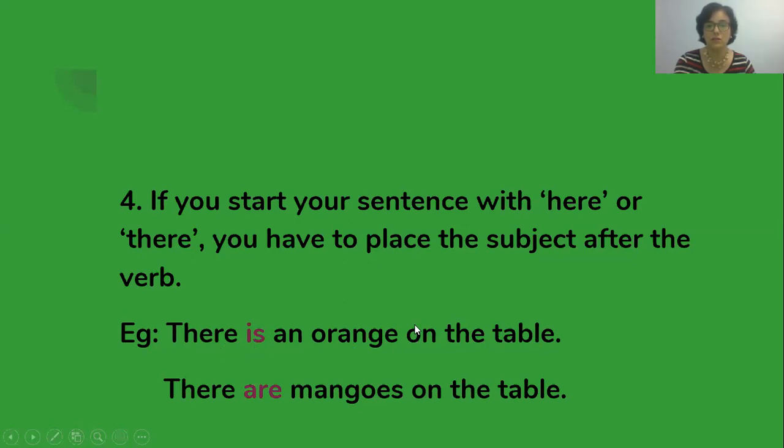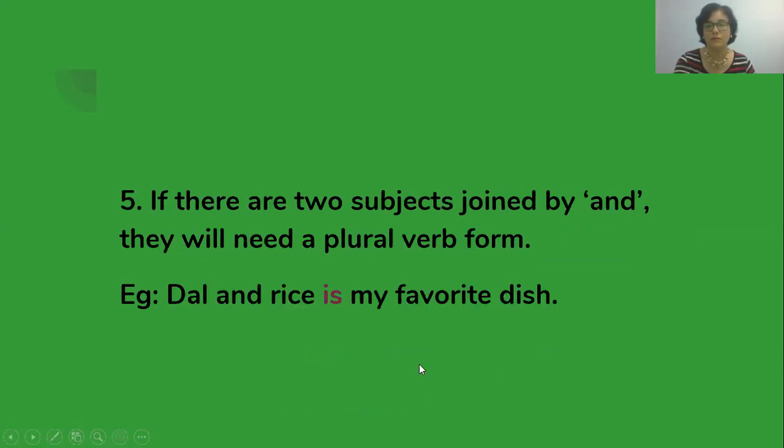And the reason we are using is because we're talking about a singular subject, an orange, one orange. And in the second case, there are mangoes on the table. The reason that we are writing are is because we're talking about a plural subject, which is mangoes, many mangoes, not one.